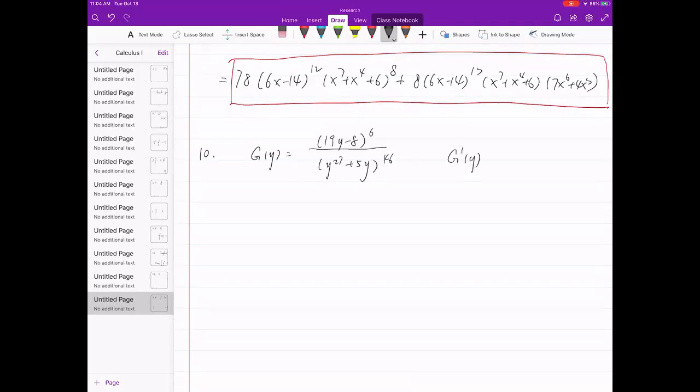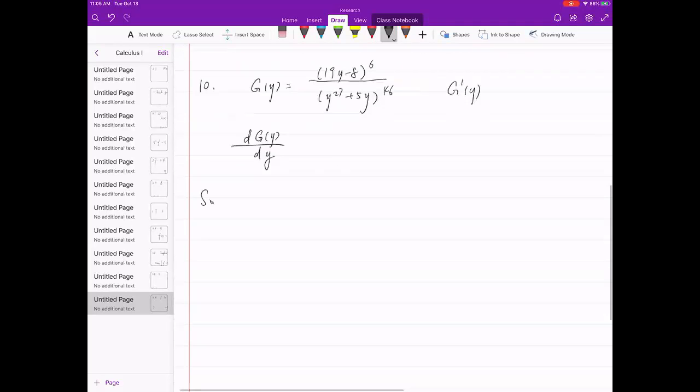If they write things in this way, this is basically the same as saying dg(y) with respect to y. So you don't have to times y prime because we don't have a function of x here. It's a function of y. Okay, so that's the first thing. After that, just pretend it's x, and then this is nothing but a quotient rule.